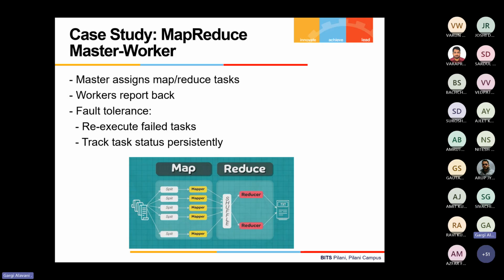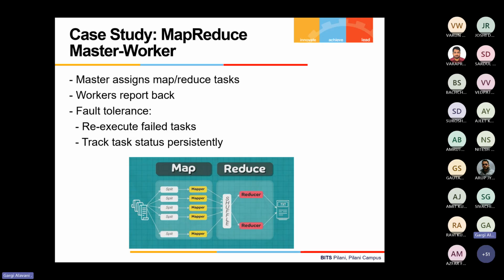MapReduce is a very classic example of how a master-slave architecture works. In MapReduce, a single master manages coordination, assigns tasks, and keeps track of tasks and statuses. If a worker node fails, that is, if there is a crash or disconnect, the master simply reassigns the task to another worker.